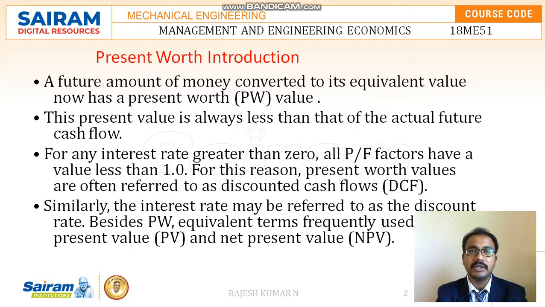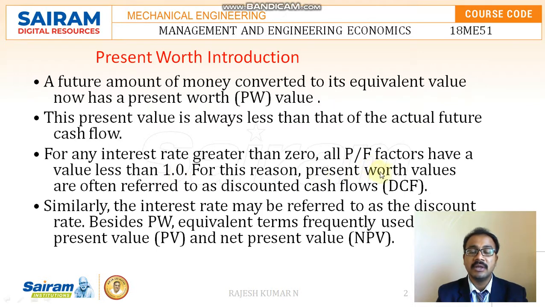If I calculate for the present rate, of course I need to consider the economic condition, the inflation and all other things. Always the rate will be lesser than the future value. And for any interest greater than 0, all the present and future factors have a value less than 1.0. This is one important note we need to remember while solving the problems also.